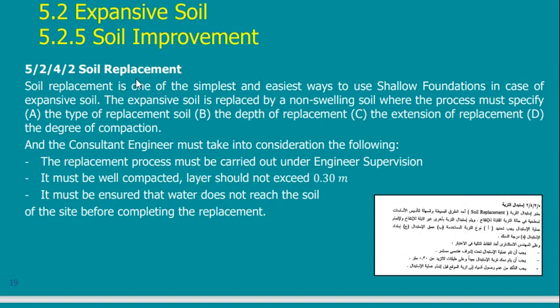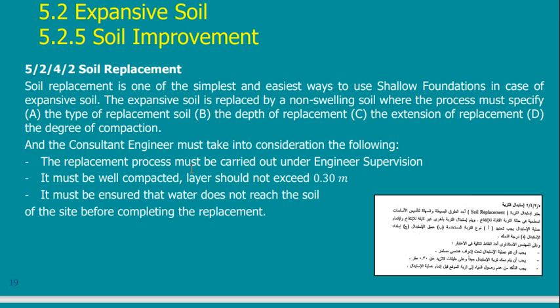Soil replacement, as we said, is the best and the most economic way for treatment. If it is possible, then it will be very good. But we have to stress the fact that when I bring the new soil, I don't want to remove a problem and bring another problem.